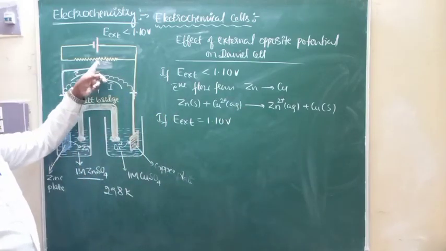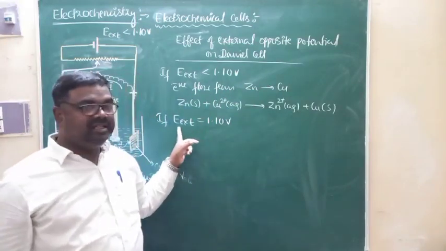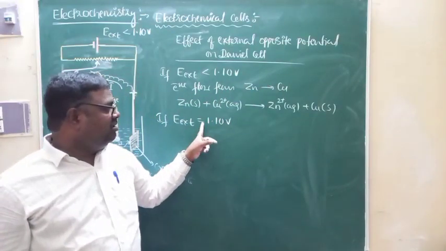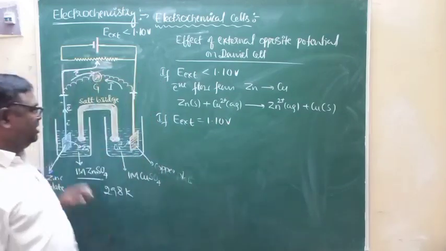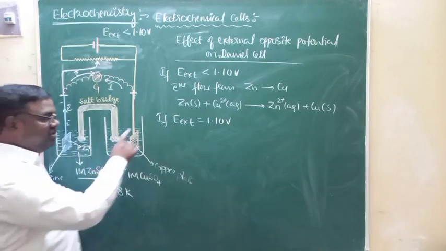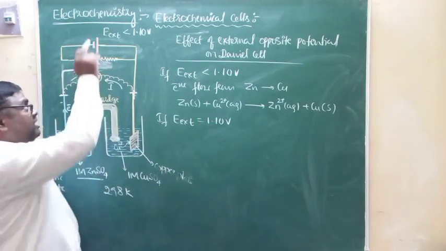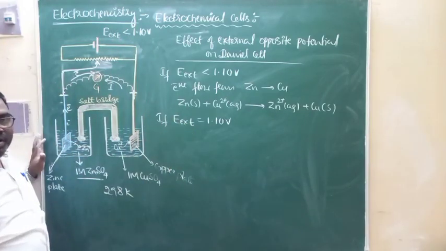You know the standard cell potential of the Daniell cell is also 1.10, and it is opposed by an external opposite potential whose value is also 1.10.